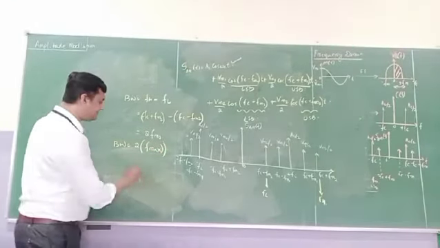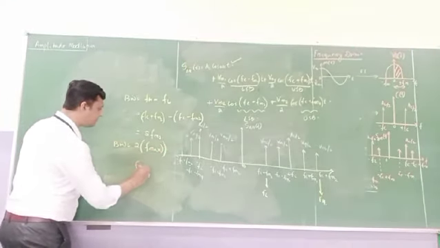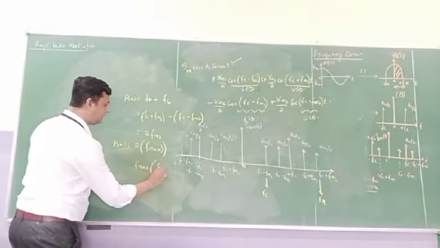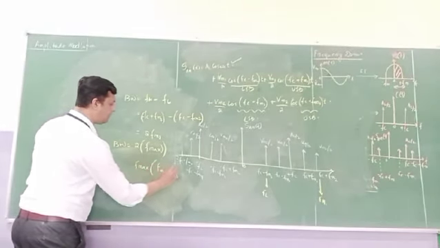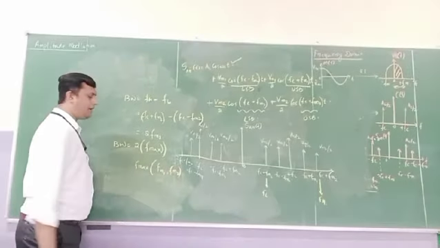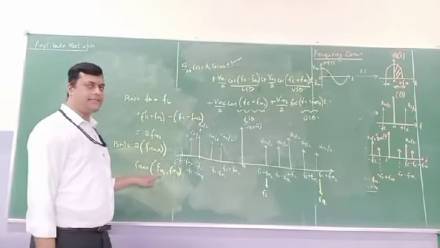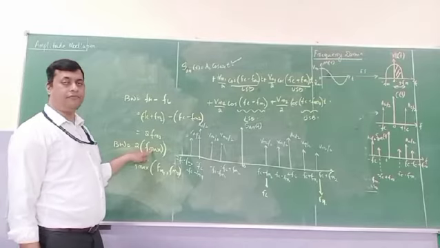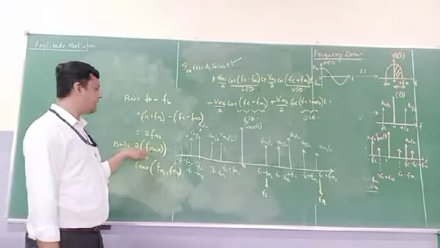Fmax means the maximum frequency available in FM1 or FM2. If the maximum frequency is FM1, here it will be FM1. If the maximum frequency is FM2, here it will be FM2.